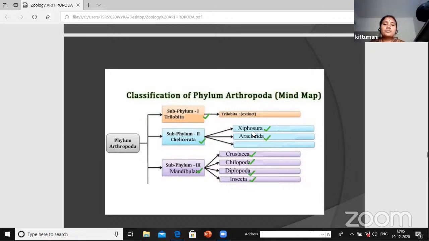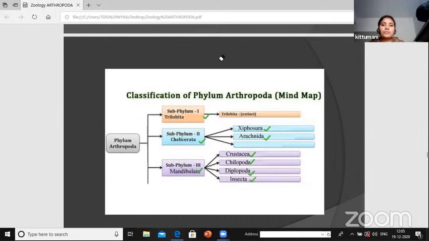Once again, how many classes are there? 1, 2, 3, 4, 5, 6 classes in the phylum Arthropoda. What are they? Xiphosura, Arachnida, Crustacea, Chilopoda, Diplopoda, and the last one, Insecta, the largest class belonging to the phylum Arthropoda. Okay, these are new terminology for you. All of you follow this.